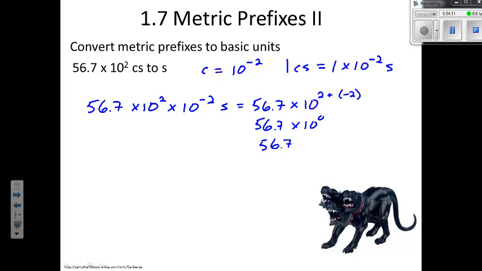So 56.7 seconds. If you already have an exponent there, do not fear. We can deal with that. In multiplication, you end up adding the exponents together. And this is Cerberus, the 3-headed dog that guards the gates of Hades, I believe.